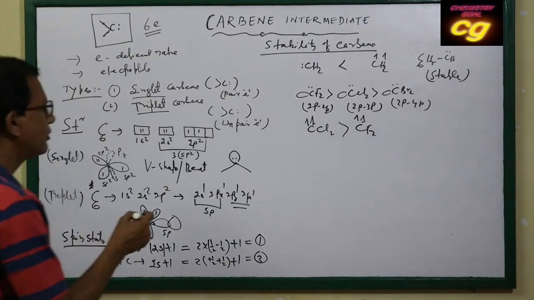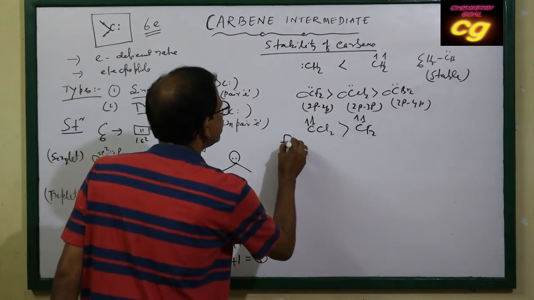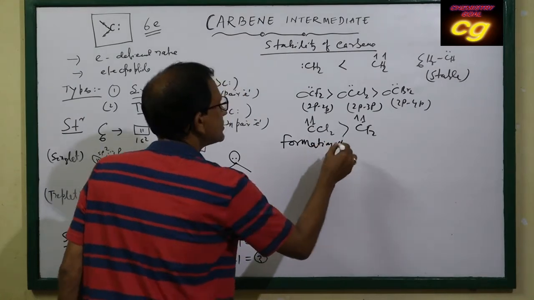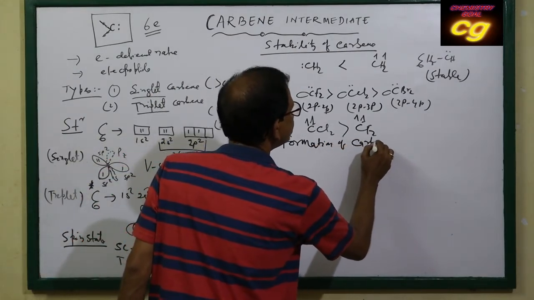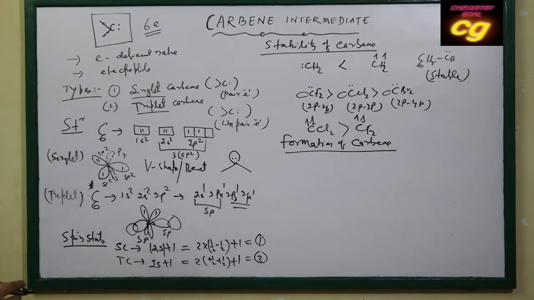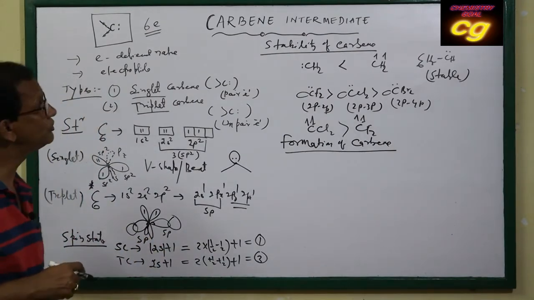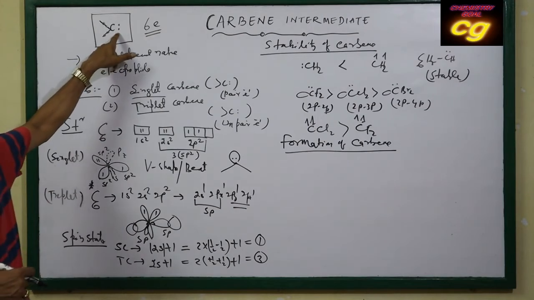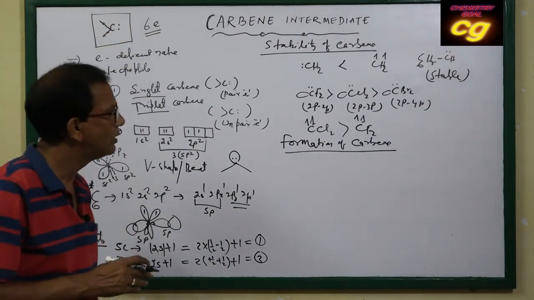Then formation. What is the formation of carbene? Carbene formation depends mainly on how the two electrons will be available on the carbon atom.